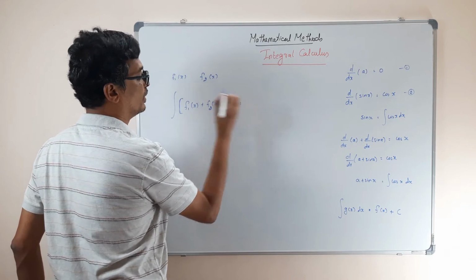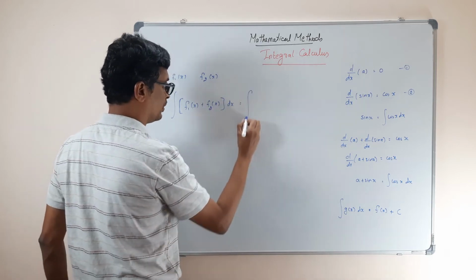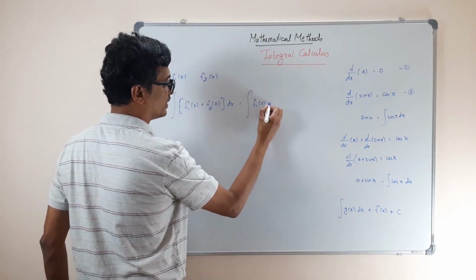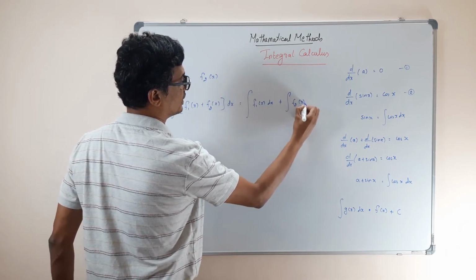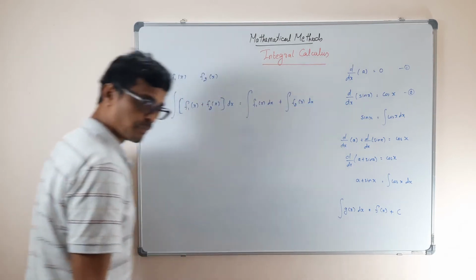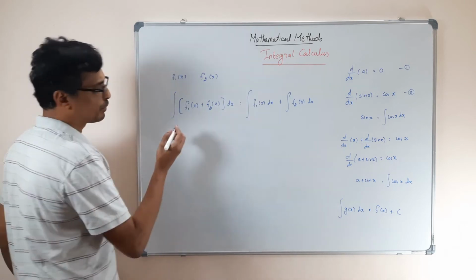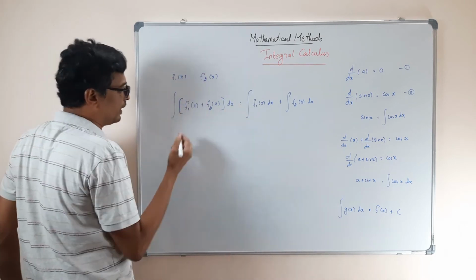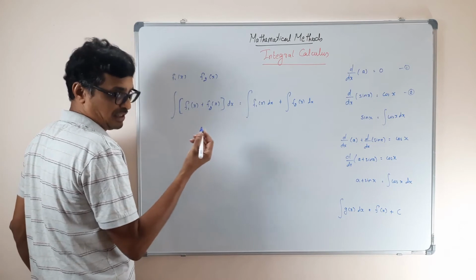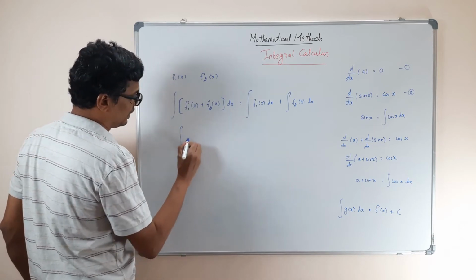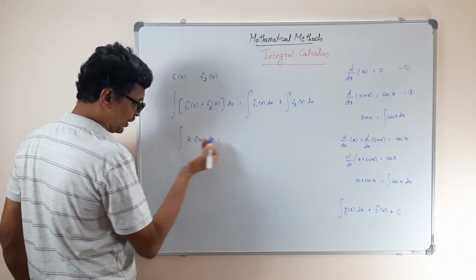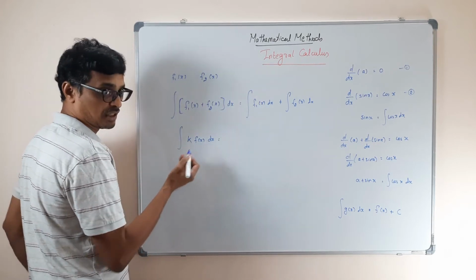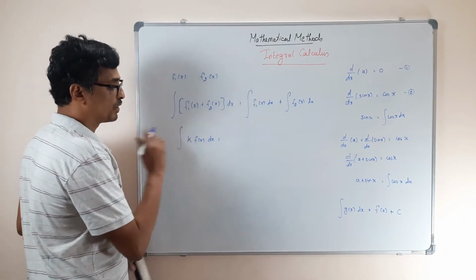This is equal to integration of f1 of x dx plus integration of f2 of x dx. Remember this property. Another property is very simple. You multiply any integration with a constant. If you have k into f of x dx, where k is some constant, k can be taken out of the integration.